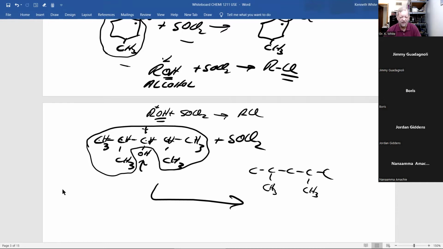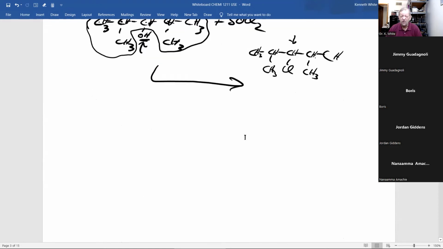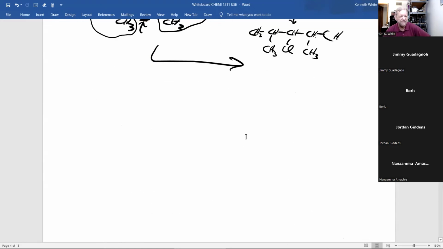And this carbon has the hydroxyl group, so this carbon will get the chlorine. And now I know there are 4 bonds to carbon, so I can do the high-level math to put in the hydrogens. And there you go.